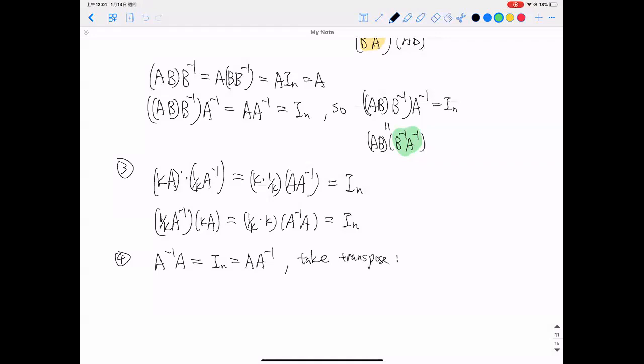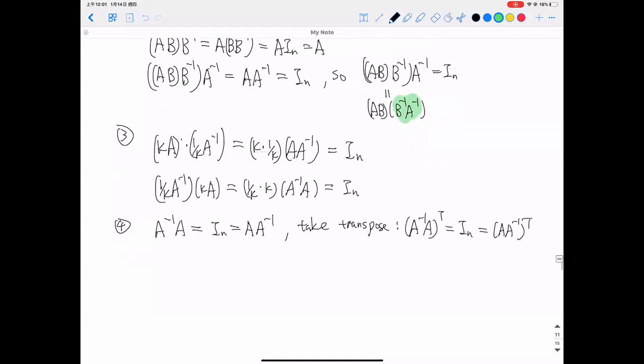And what we do now is we take the transpose of this equation. The identity transposes to itself. Now the other two things, well, you're transposing a product of two matrices, and we have seen a rule for doing that.